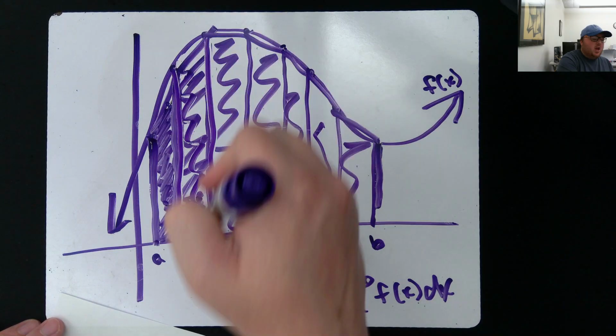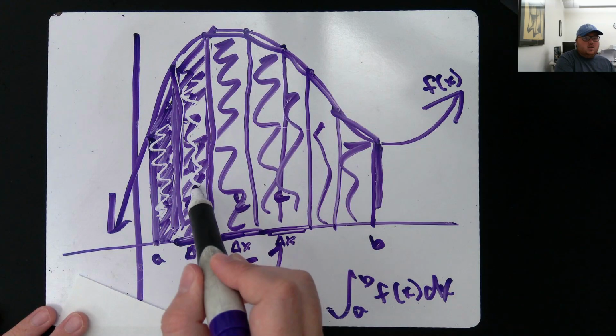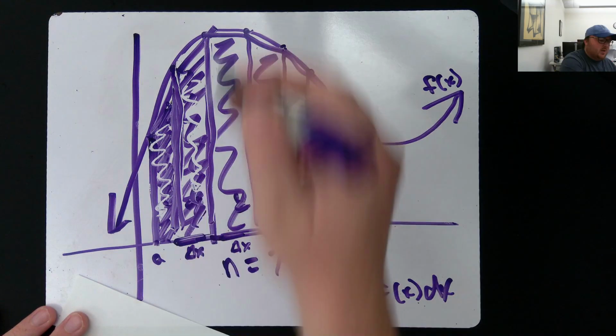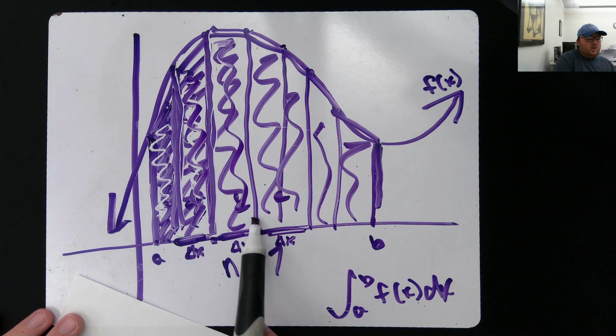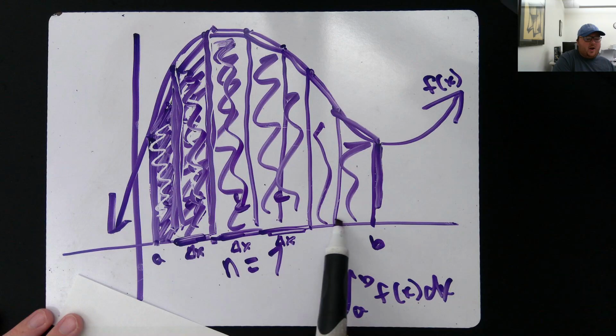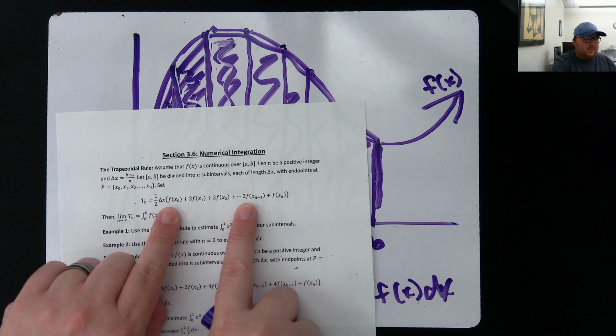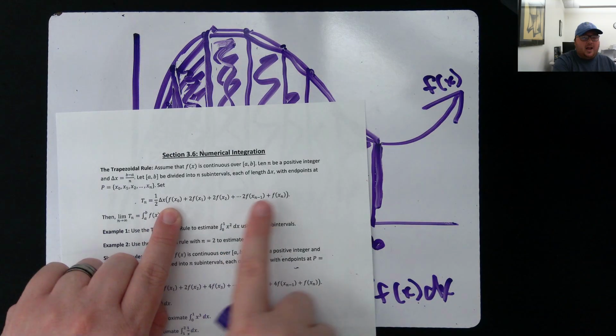You can see this line is being used twice, because I'm using it for this one on the left side and this one over here. Same thing with this line. This vertical line right here is being used twice too, because it's being used here and it's being used here. All of the inside ones are being used twice. The outer ones are only being used once. So that's why they all have a 2 except for my first and my last one.